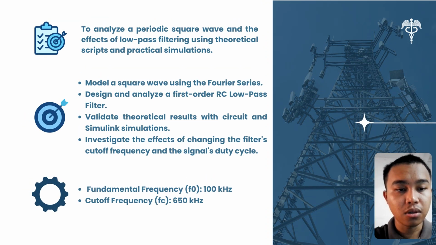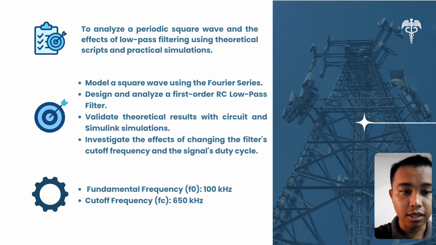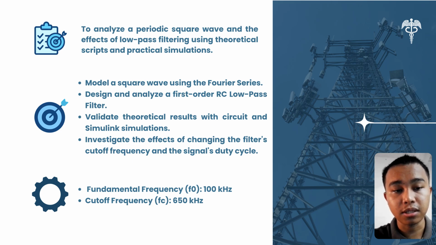So the main goal of our project was to apply the fundamental theories of this course to a practical problem. We started with a periodic square wave, analyzed it completely, and then designed a filter to change its characteristics. Our objectives were fourfold. First, to model the square wave using the Fourier series.